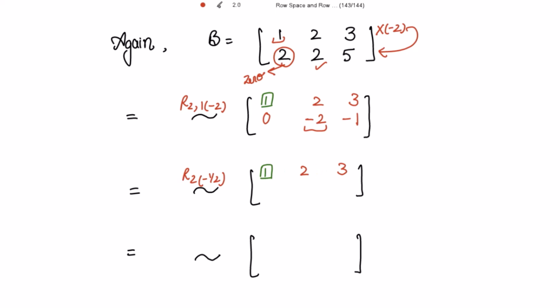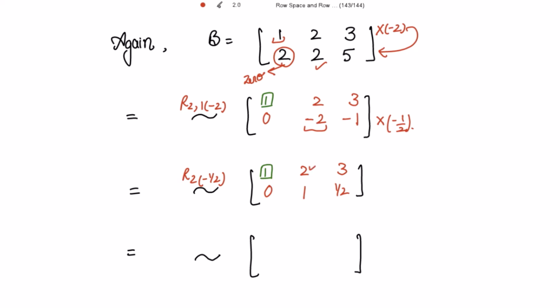And now on applying the operation on row 2, the elements of row 2 are multiplied with minus 1 by 2. Okay. 0 multiplied with minus 1 by 2, we get 0. Minus 2 multiplied with minus 1 by 2, we get 1. Minus 1 multiplied with minus 1 by 2, we get 1 over 2, right? Okay, I get 1 over here now.